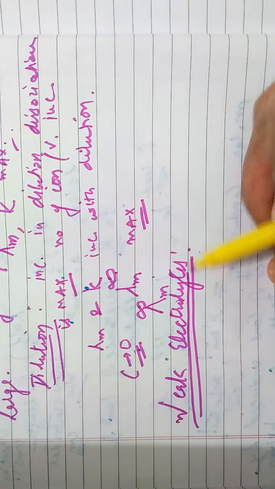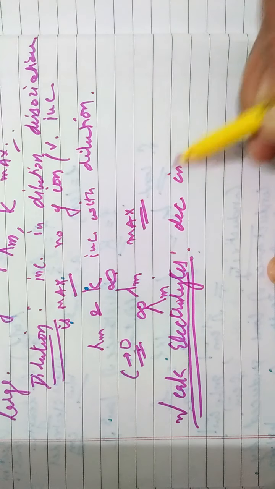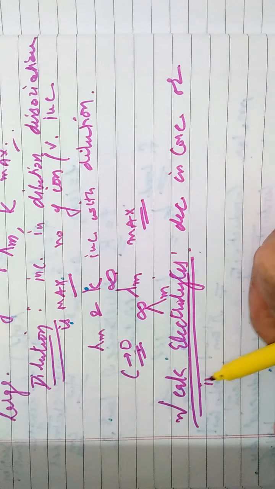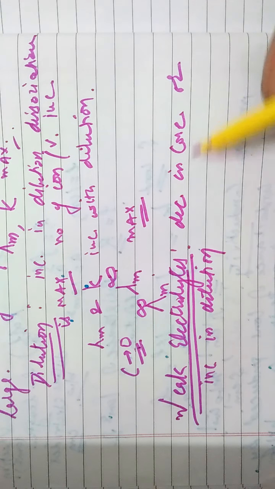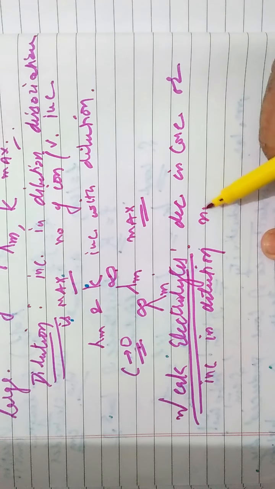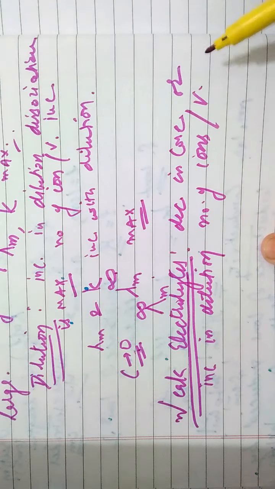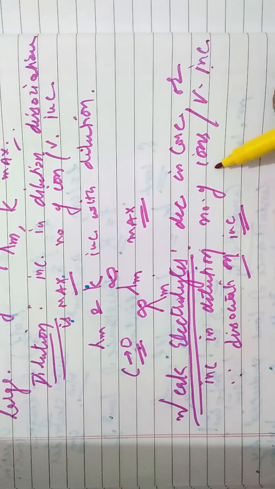So with the decrease in concentration or the increase in dilution, when more solvent is added, the number of ions per unit volume increases, because dissociation or ionization increases. So the molar conductivity or conductivity will increase, because the number of ions increases.